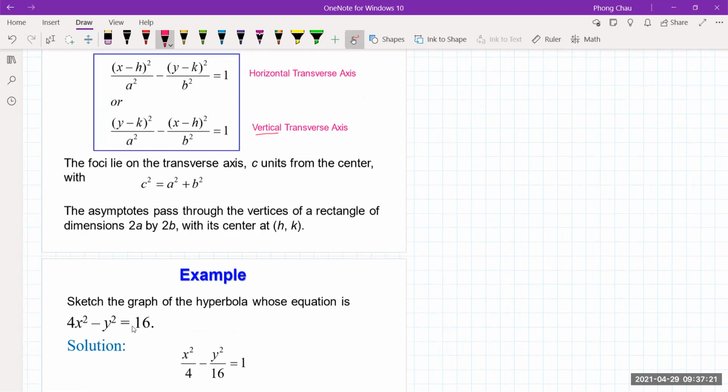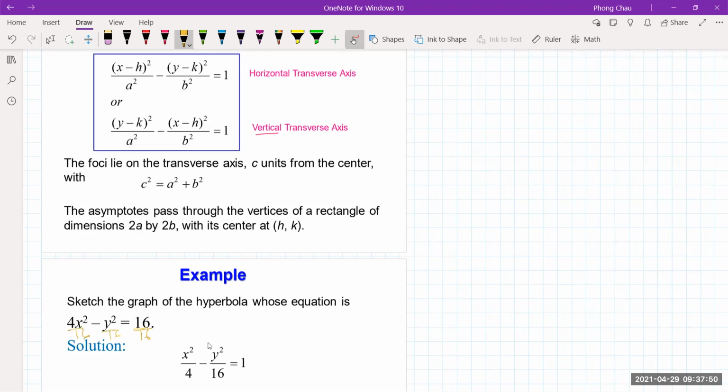You see that one is not in standard form yet, but I can make some adjustment to put it in that form. In this case, there are only x squared and y squared terms, no x and y terms, so we don't need to complete the square. All I do is make sure that the right-hand side is 1, so we divide both sides by 16.